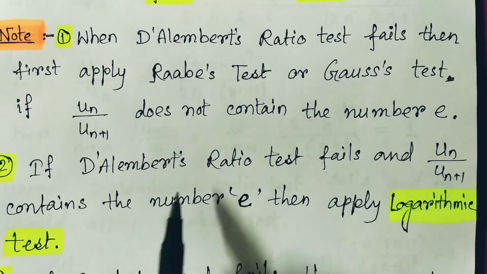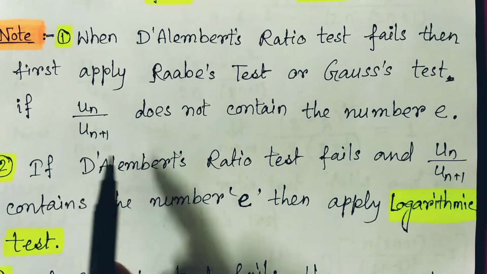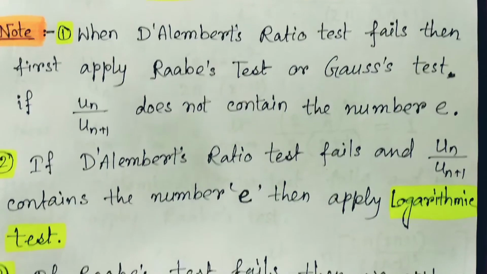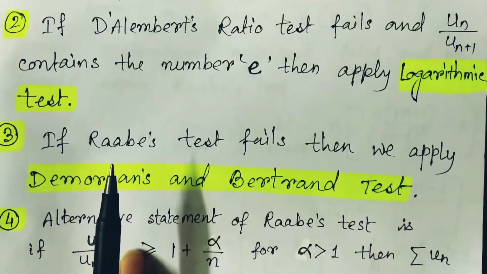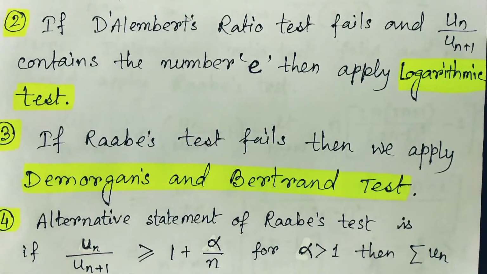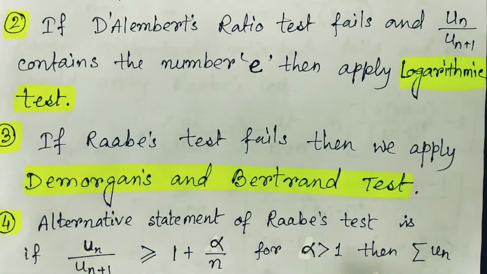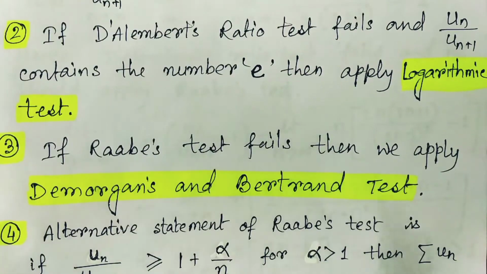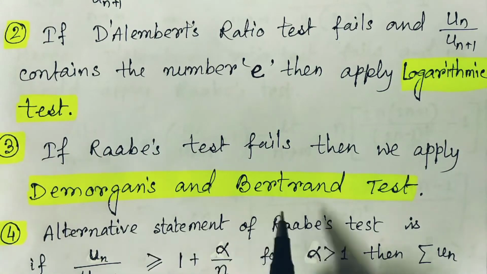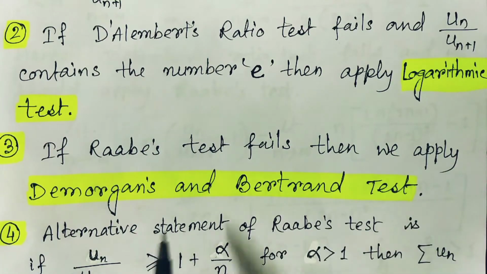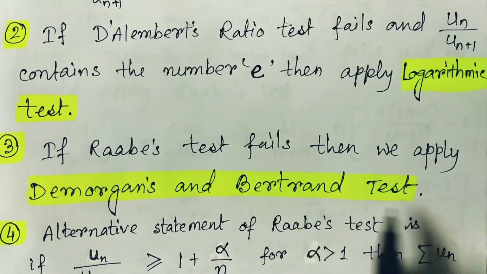And if it does not contain e, then we apply the Raabe test without any doubt. One more thing: when the Raabe test fails, that means when the limiting value we find is 1, that time we apply De Morgan's and Bertrand's test.